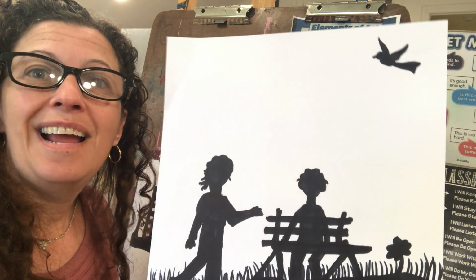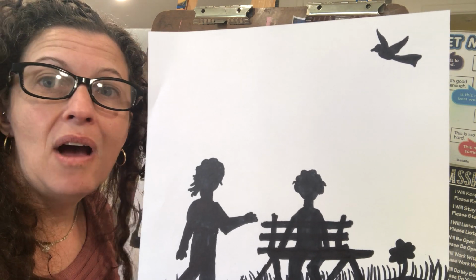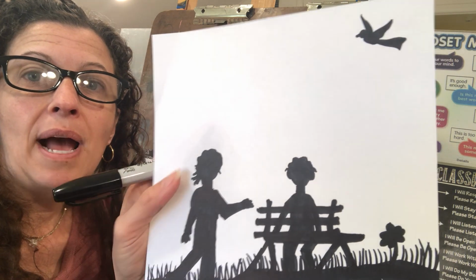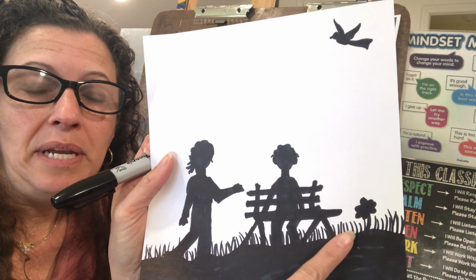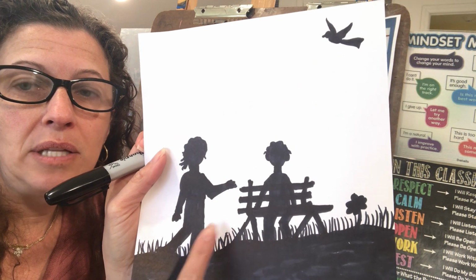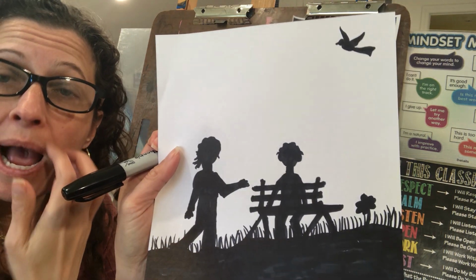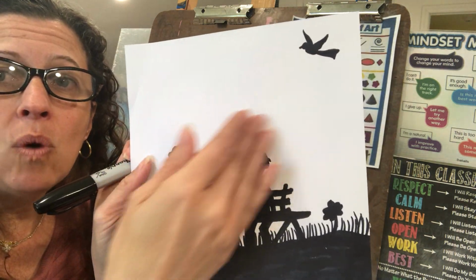Right? Now, that's not hard to do. I made the bird the size that it should be according to how tall the kids are, right? And I can put anything that I want in the sky.